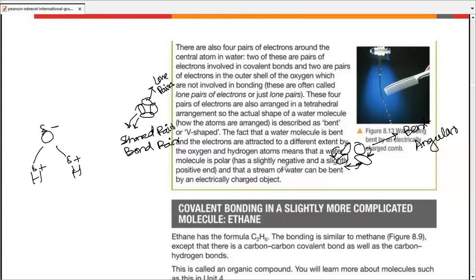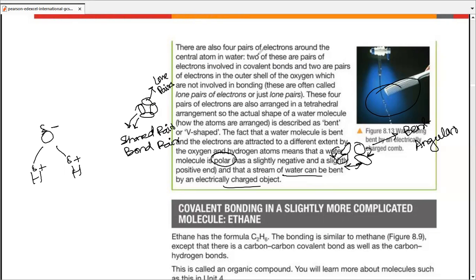That's why a stream of water can be bent by an electrically charged object, because water is polar itself. By using the word polar, it can be attracted by any charged species. Get the point? Yes. Okay.